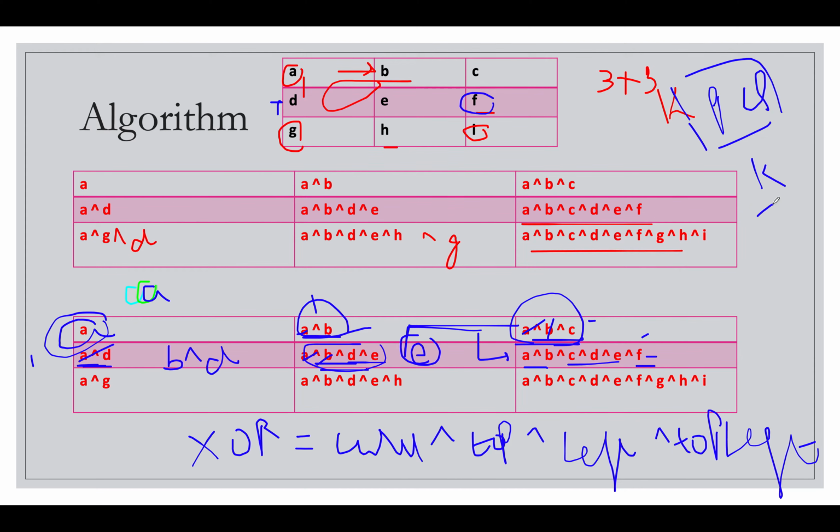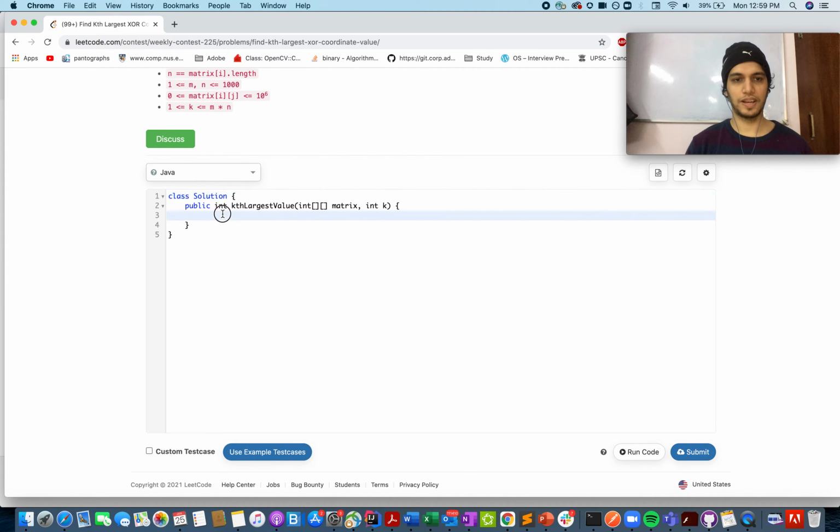Let's quickly code this up. Let's define a priority queue of type integer pq, new priority queue of type integer, and let's start the computation part.